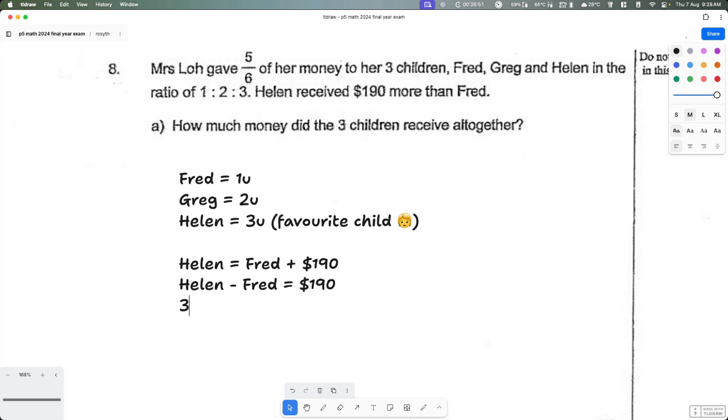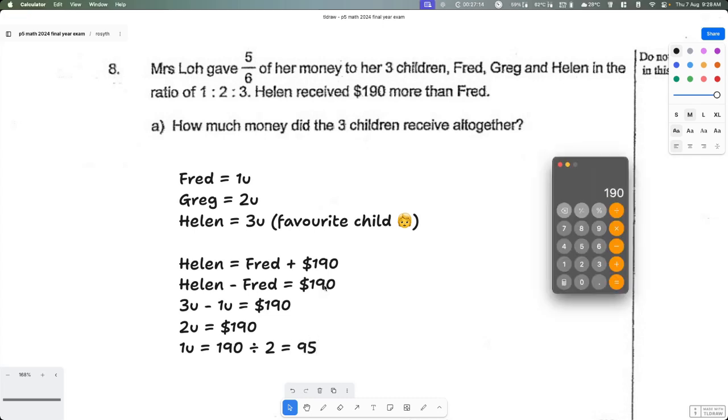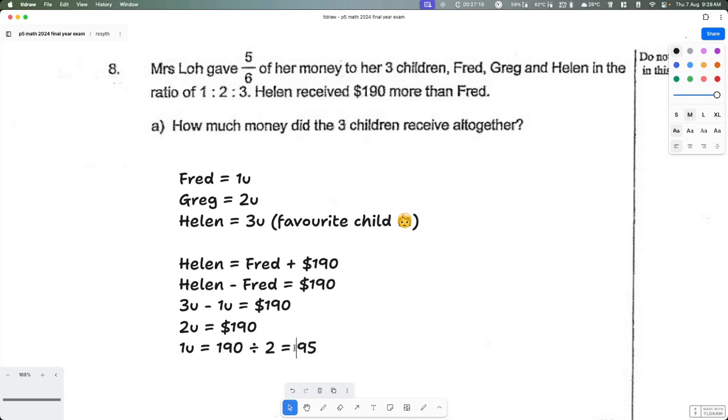So Helen is 3 units minus Fred is 1 unit equal to 190, right? Let me double confirm. So 2 units equal to $190. 1 unit is equal to 190 divided by 2. Let's double confirm. 190 divided by 2, this is $95.